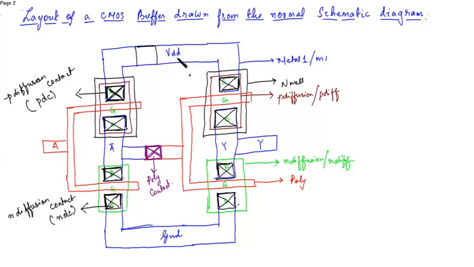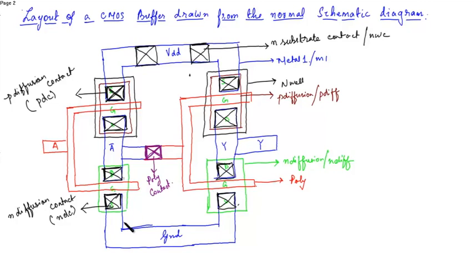In VDD, since this is connected to the P diffusion, we have to place an N substrate contact, or we otherwise see it as an N well contact.